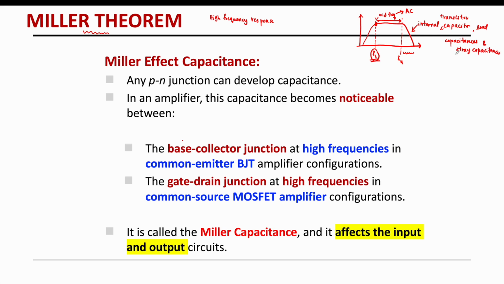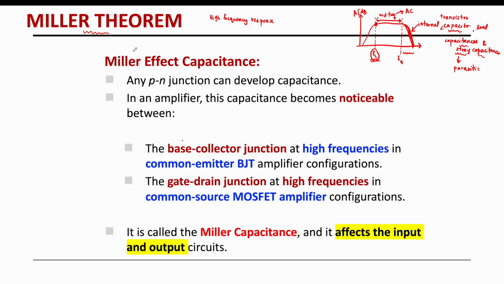Some call these stray capacitances parasitic capacitance. All of these capacitance values will make our gain, our y-axis is gain, become lower at the high frequency range.